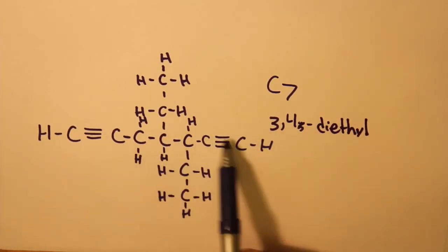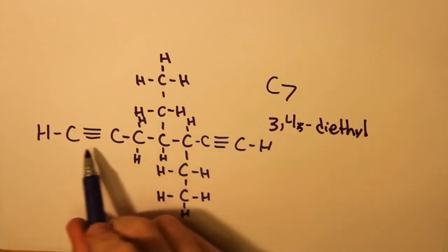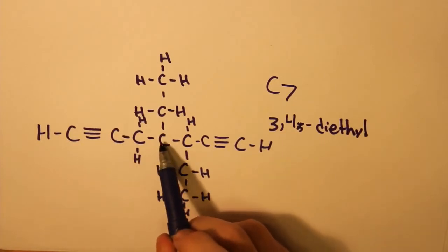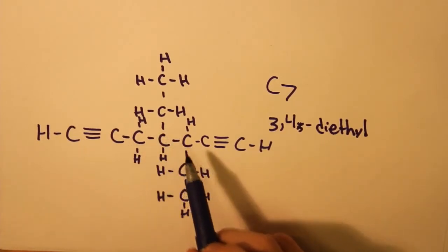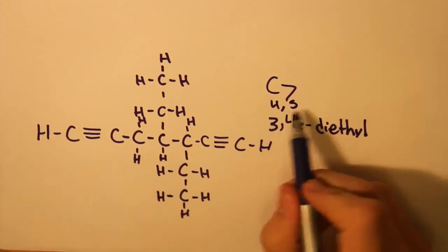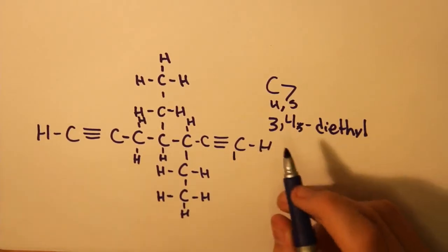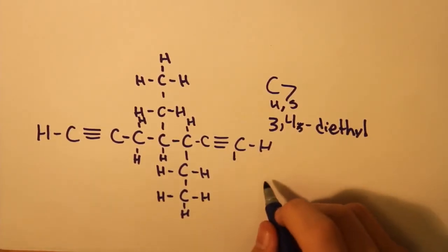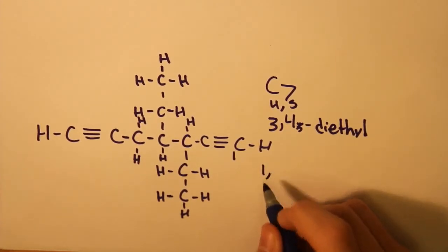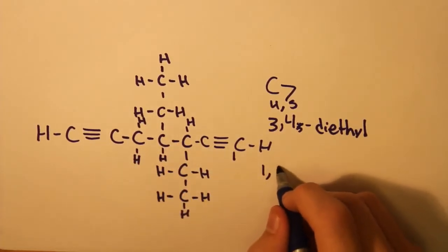Now we're going to look at where these triple bonds are. I wrote it like this because if you counted it this way, it would show this being 1, 2, 3, 4, and 1, 2, 3, 4, 5. 4, 5 is bigger than 3, 4, so we're going to make this one the first carbon. So starting from that carbon, it's 1, and the second to last one, sorry, 6th one.